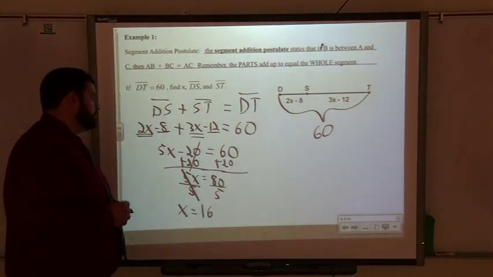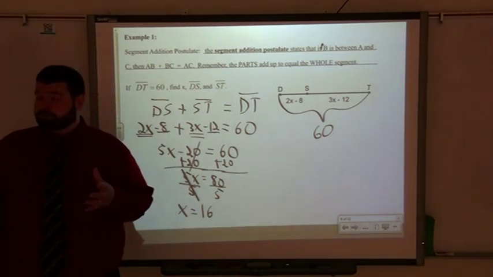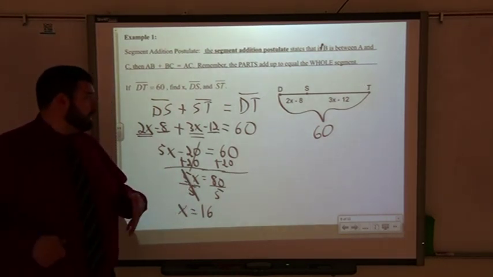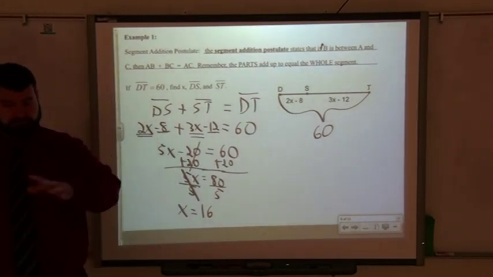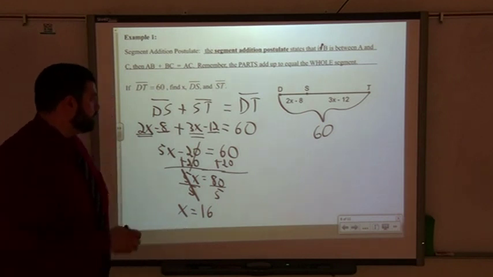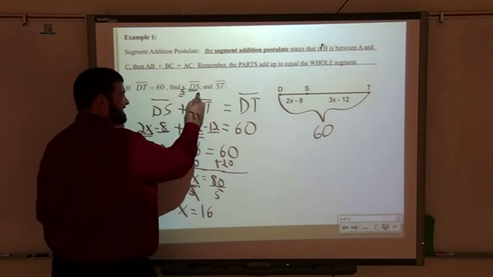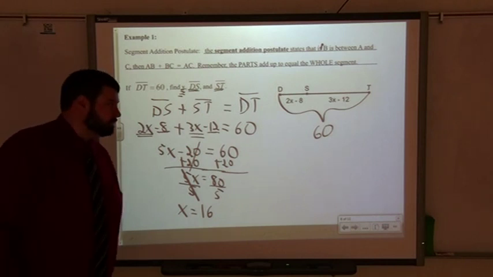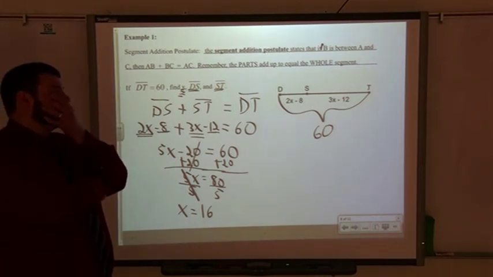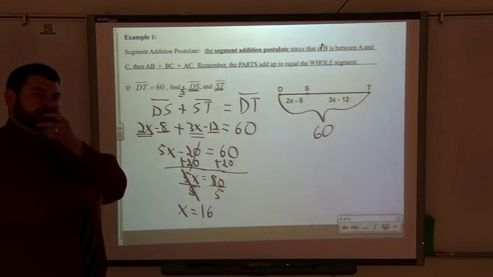Okay? Now, here's the difference between Algebra 1 and geometry. In Algebra 1, you're done with the problem. You found x, you're done, let's move on, I get to quit. But this problem is asking me to find x, find DS, and find ST. How am I going to find DS and ST?